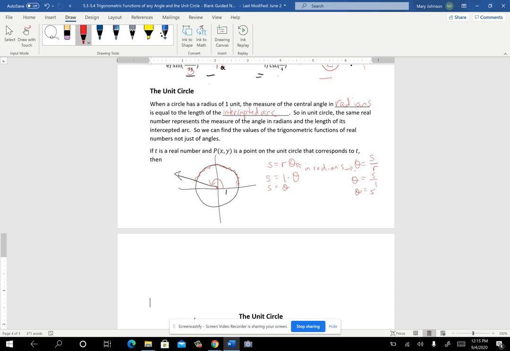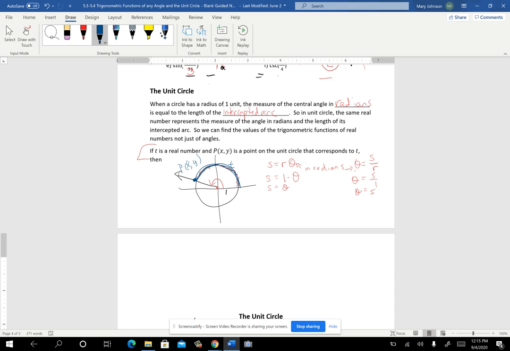All right, now here's what's happening. We're just trying to transition from having to think of the trig values of angles to being able to do the trig value of any number. So we can do that. Okay. So what this statement is saying is that we're going to call this length t. And the point P, which has coordinates (x, y), is going to be the location of that point.